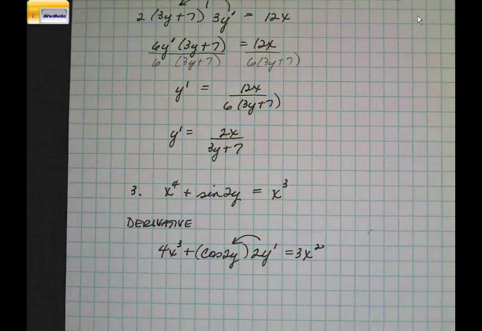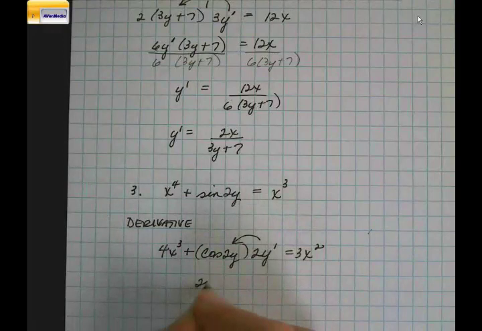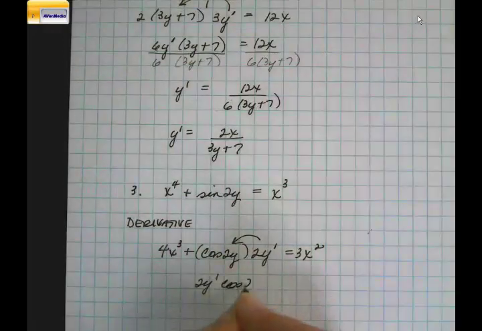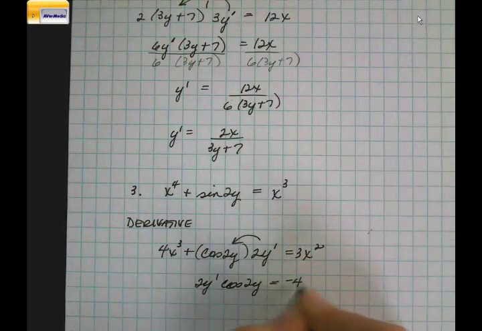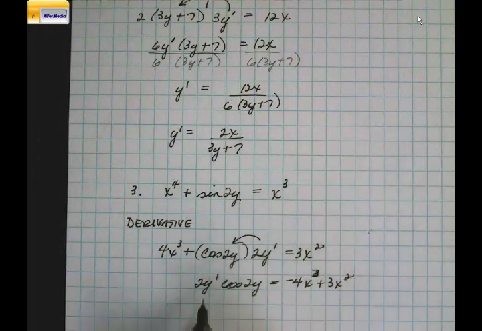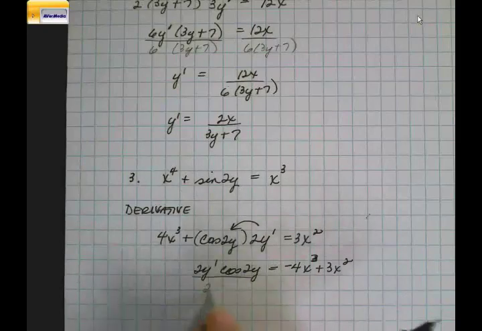So we need to solve this for y prime, so subtract the 4x cubed off. So this is 2y prime cosine 2y equaling negative 4x cubed plus 3x squared. And then solving for y prime, you would divide off 2 cosine 2y.